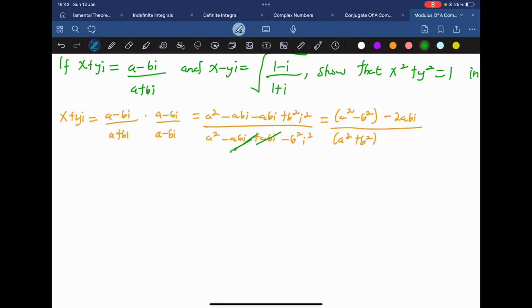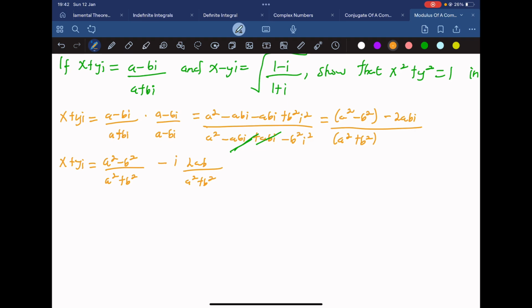So we have x plus yi to be equal to, now we can rewrite this as a squared minus b squared out of a squared plus b squared. Then minus the imaginary part, remember there is an i here, 2ab out of a squared plus b squared.